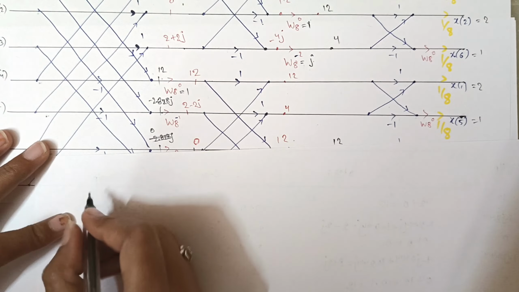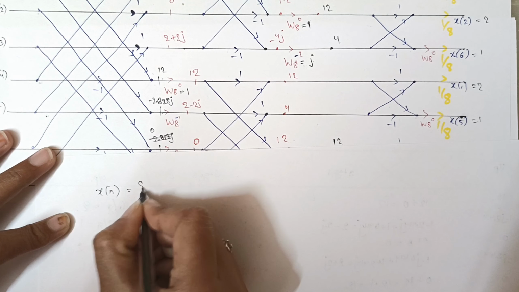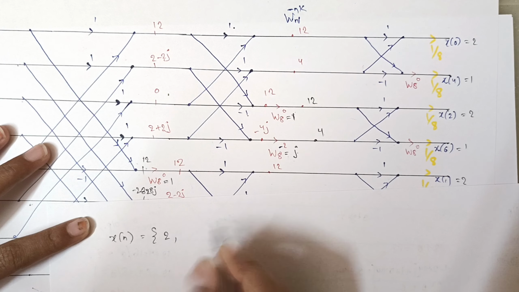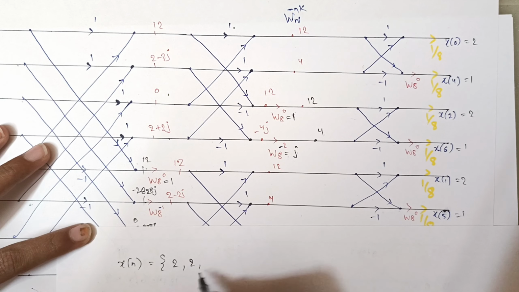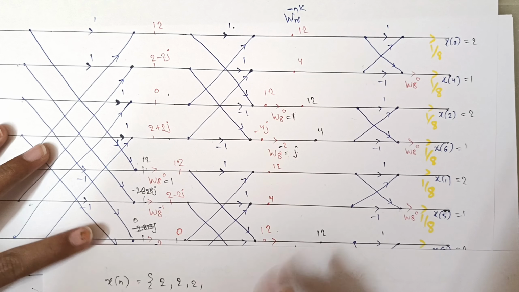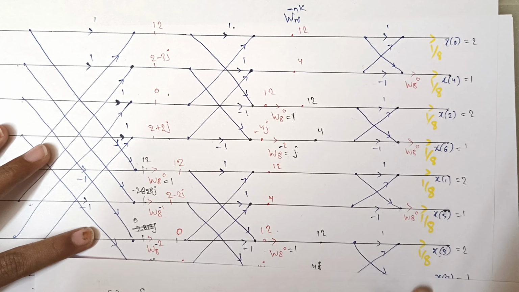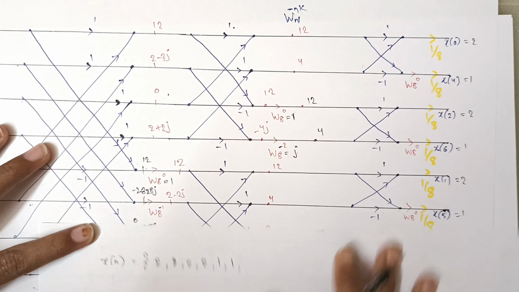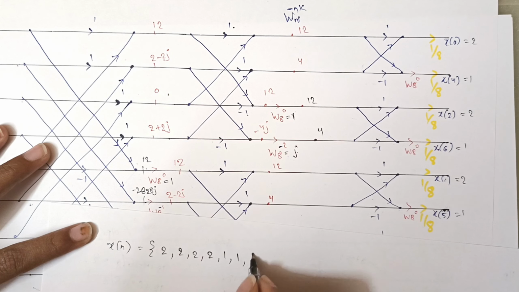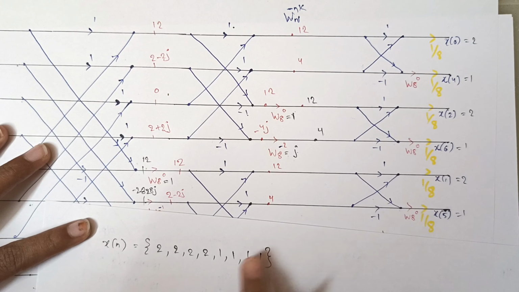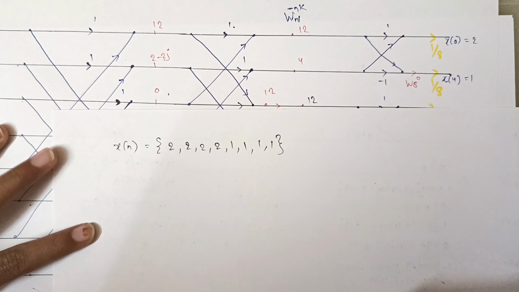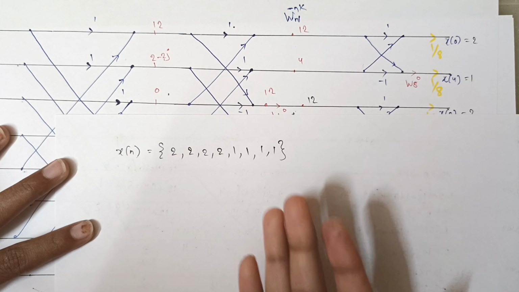So the time signal that we have over here is, for the 0th index we have 2, for the first index we have 2, for the second index we have 2, and for the third index we have 2. Now for the fourth index we have 1, the fifth index is 1, the sixth index is also 1 and the seventh index is also 1. So we got the final sequence which is in time domain.